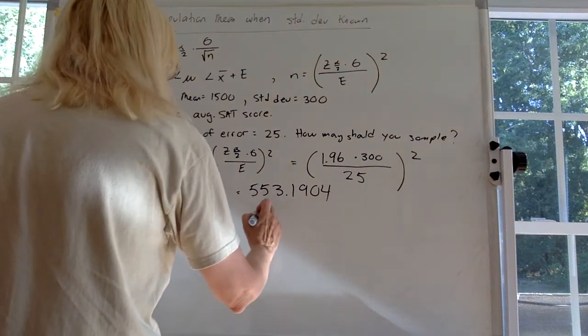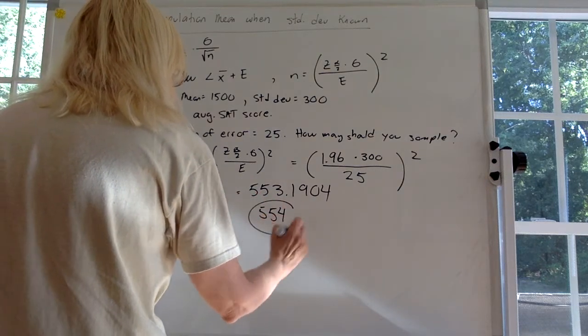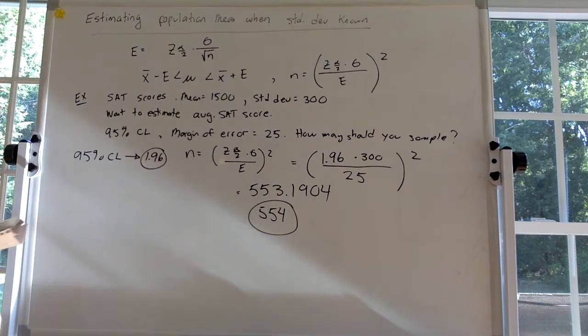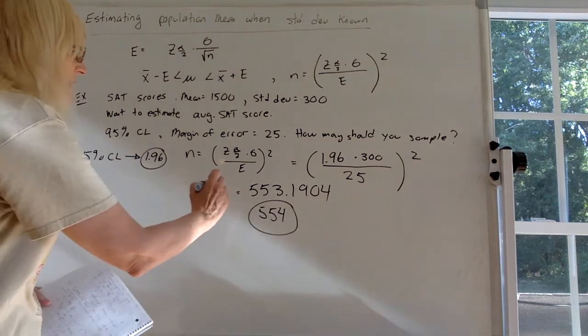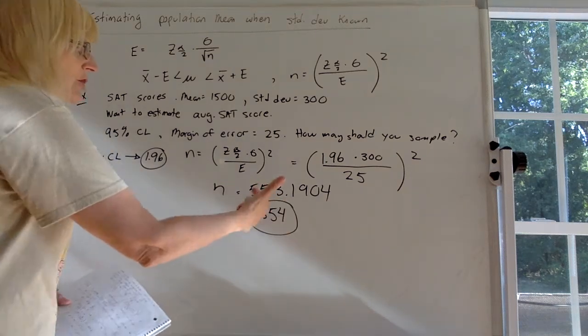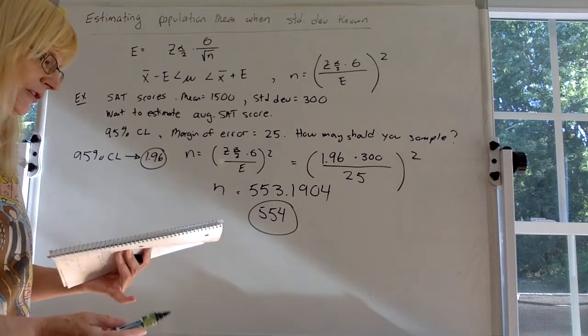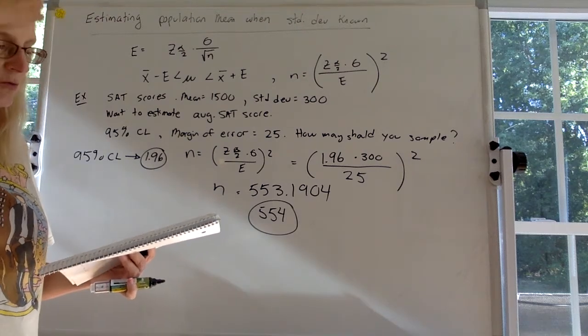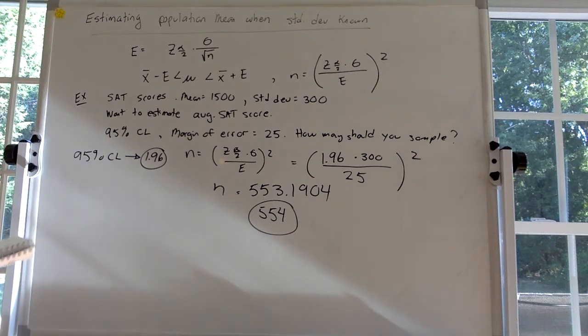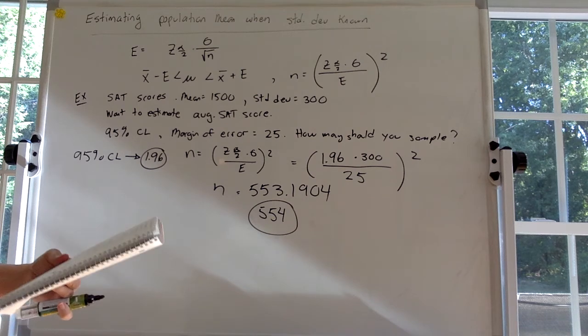You take the 554th guy sample. All right? So there's a case where I got an n that had a decimal component, you go up. If you typed in 553 into my open math, it would tell you you're wrong, okay? Because it's 554. So I hope that helps.